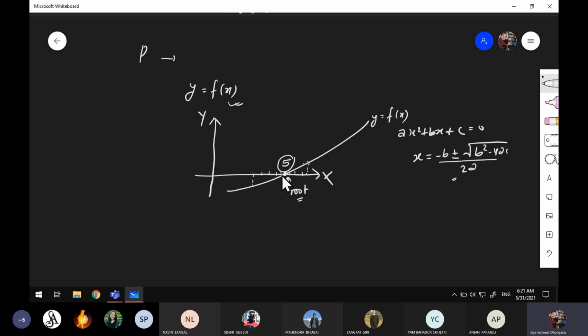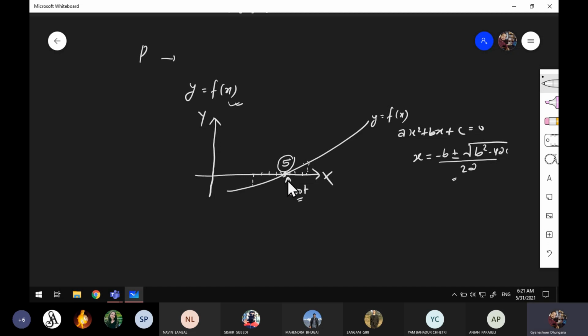If the root lies between these 2 points, which are extremely close to each other, then we can approximate the final value. This is one of the numerical approaches.